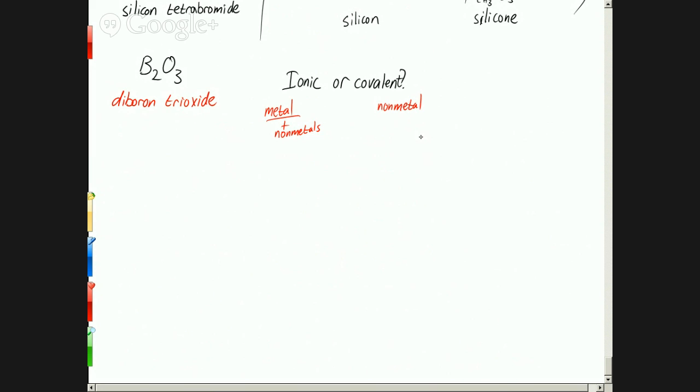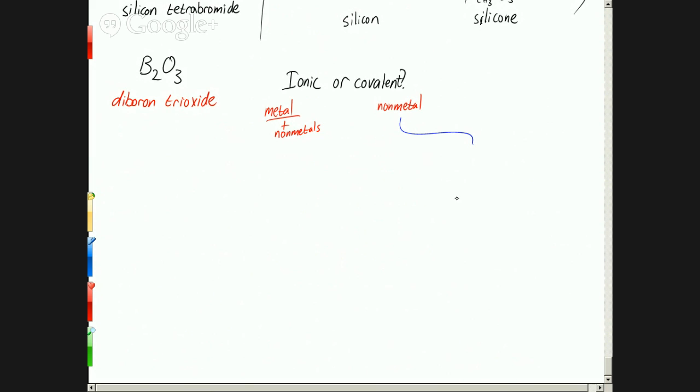Everything will be nonmetals. These rules aren't totally perfect. There's lots of compounds that you name differently, and metals can be covalent, but we won't get into that in this class. So if you've got nonmetals and there's no metals in your formula, which you can figure out by looking at the periodic table and seeing where stuff is, then it's pretty easy.